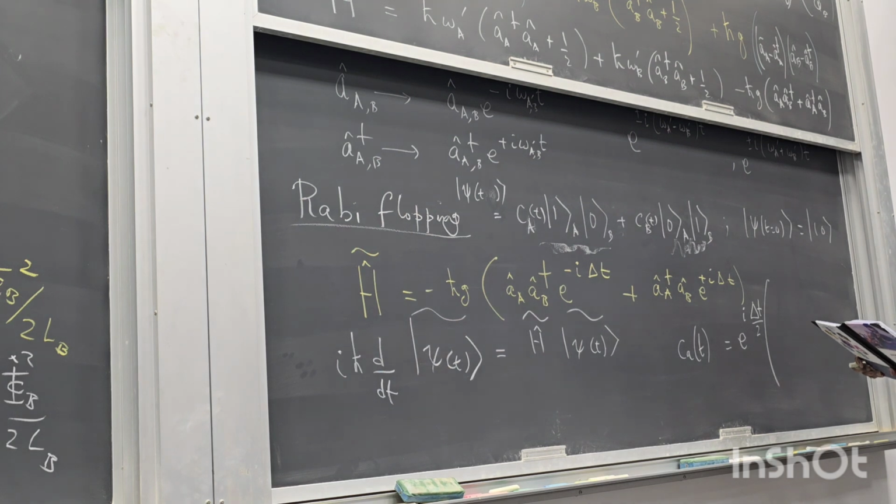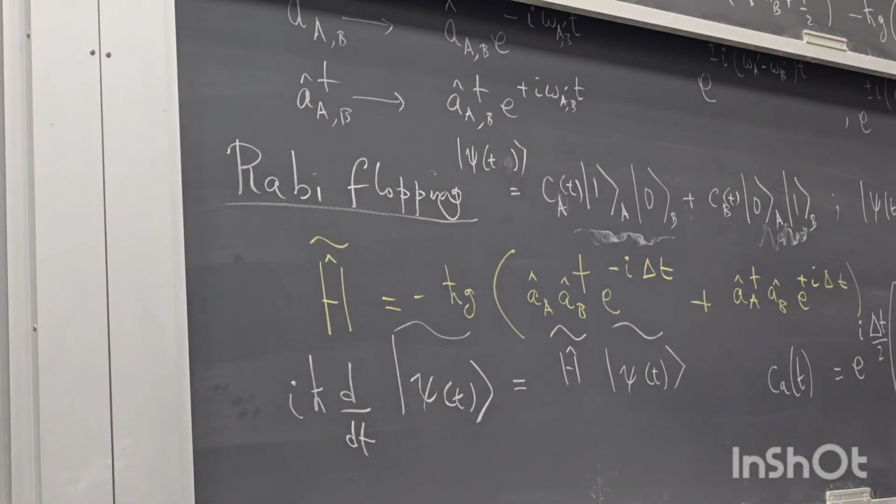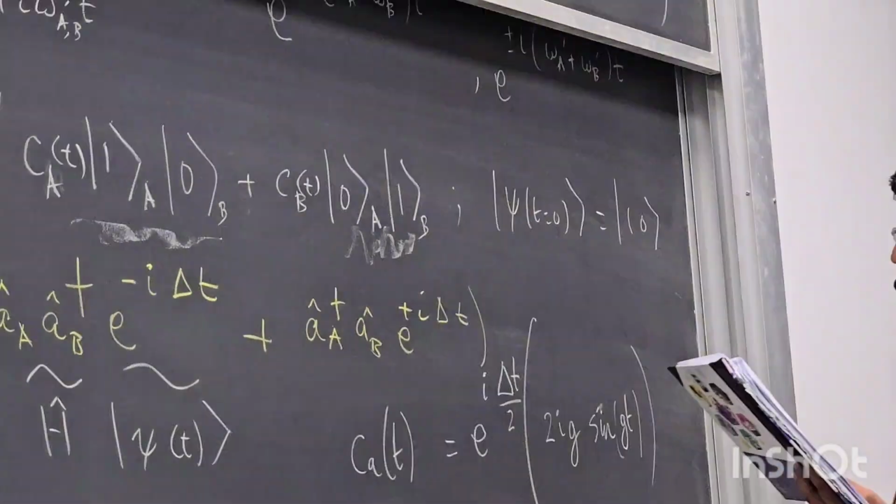I will get 2i g sine of g t, when I'm on resonance.